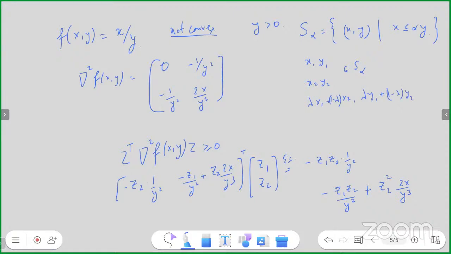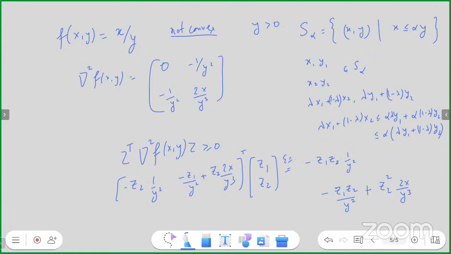What's happening to this point? I know that x1 is less than or equal to alpha y1 and x2 is less than or equal to alpha y2. So what is this whole thing less than or equal to? Lambda x1 plus (1 minus lambda) x2 is less than or equal to alpha lambda y1 plus alpha (1 minus lambda) y2, so this is alpha times (lambda y1 plus (1 minus lambda) y2).